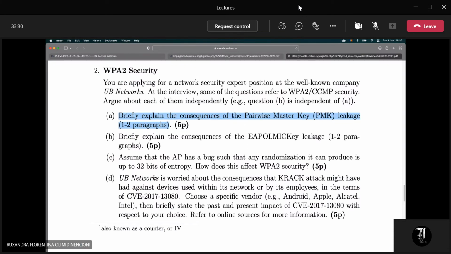Perfect. B, briefly explain the consequences of the EAPOL MIC key leakage. 1-2 paragraphs again. So what happens if the MIC key used in the EAPOL exchange is leaked?